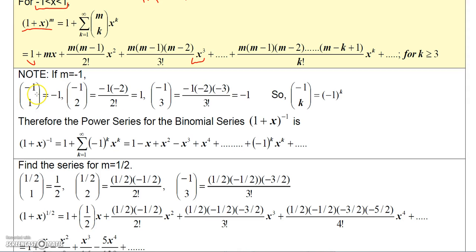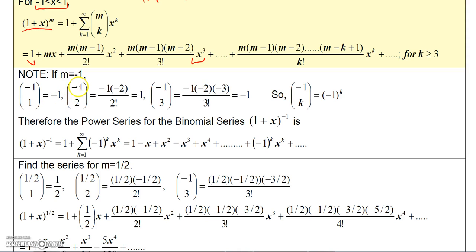Now, normally when we do combinations, this is usually a positive number, but let's just suppose m was -1. Suppose the power up here was -1. Well, then -1 choose 1 would simply be -1.